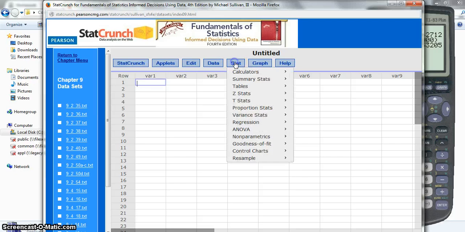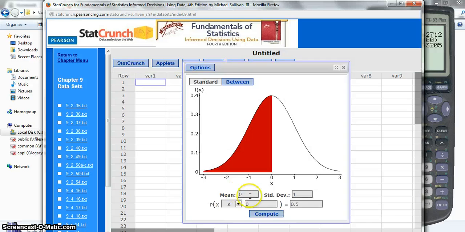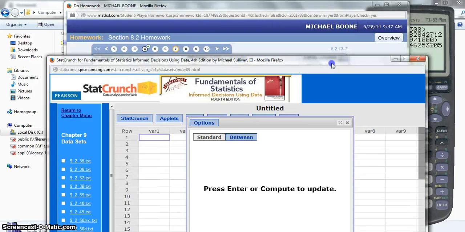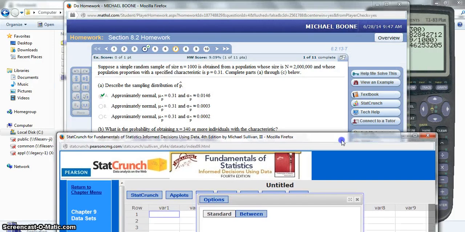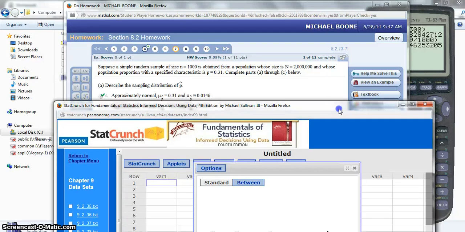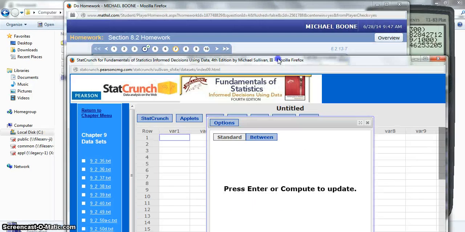So if we go to our normal calculator, just like we were doing in Chapter 7 and in 8.1, our mean was that value that we had for our p hat, so 0.31, and our standard deviation was the 0.0146. Now they gave us a big number on this question.